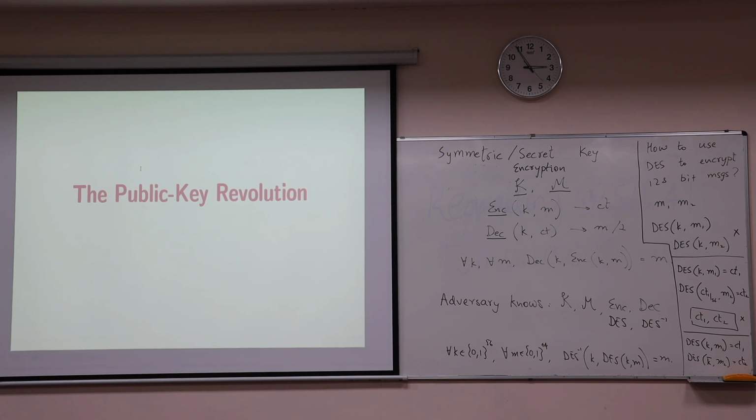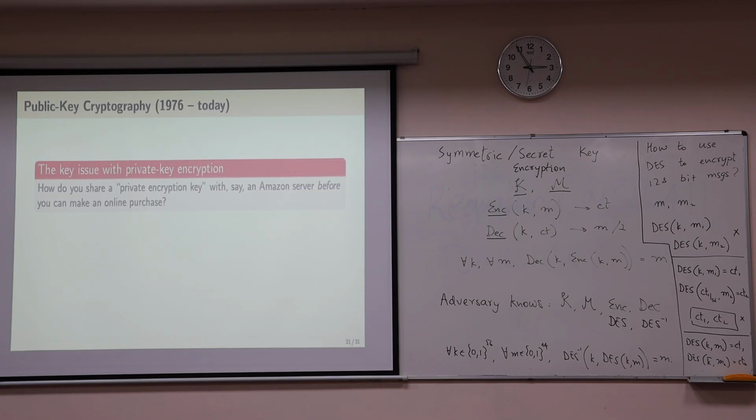Both parties need to know the key. For a lot of e-commerce applications, both parties may not share a key before they start communicating. For instance, let's say you want to buy something on Amazon. How do you share a key with Amazon without meeting?